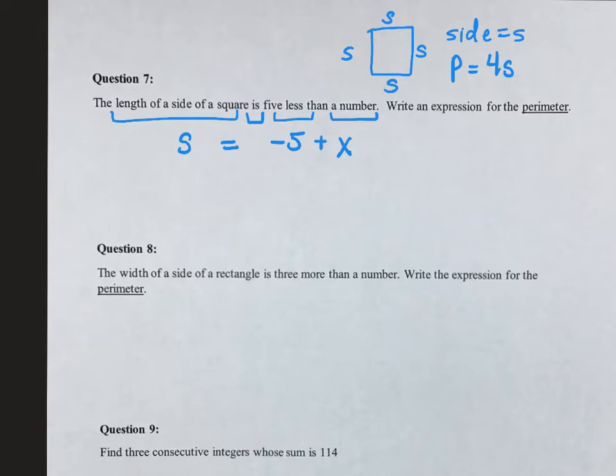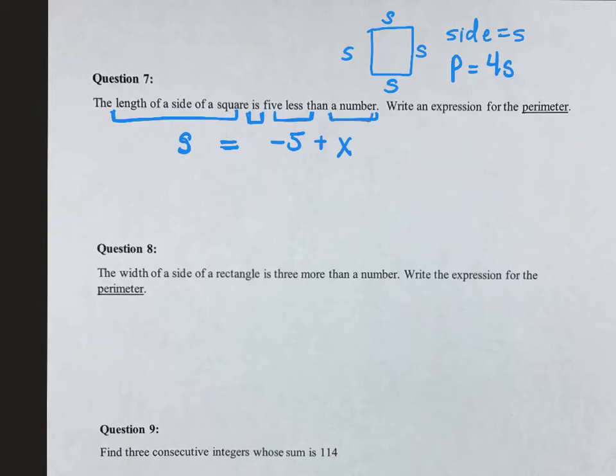So again, you're taking a look at our words and converting them to math. The length of a side of a square, that is S, is, that's an equal sign. 5 less than is subtracting 5, a number, which is X.